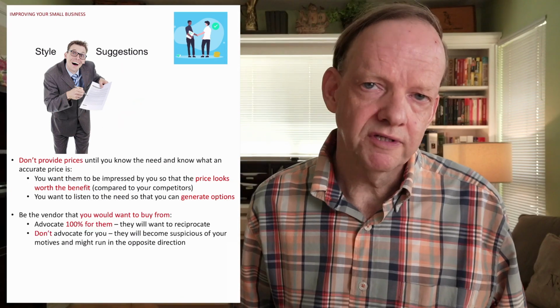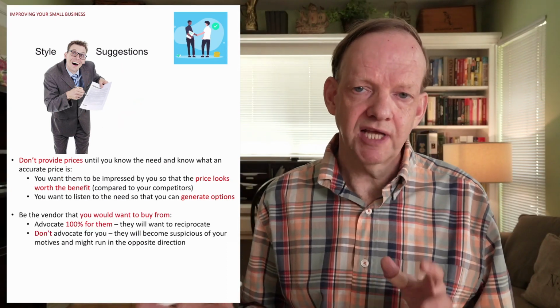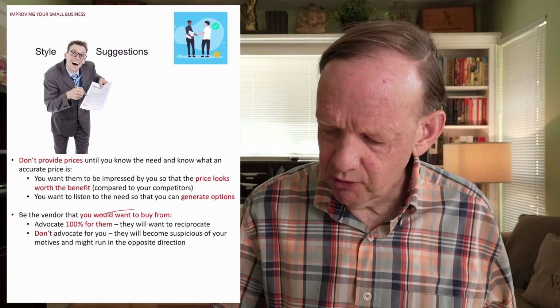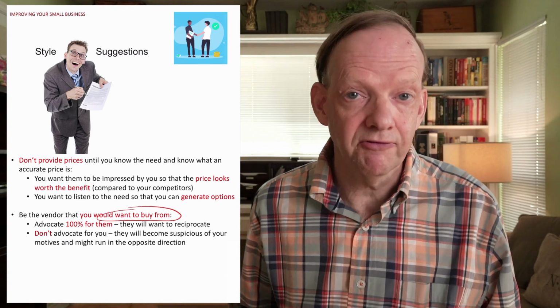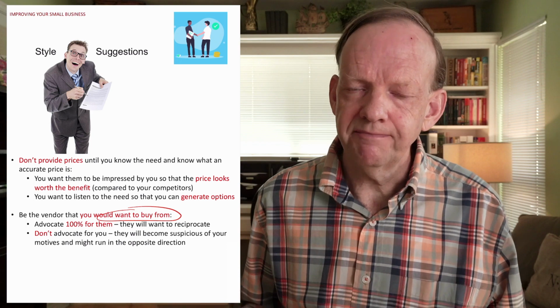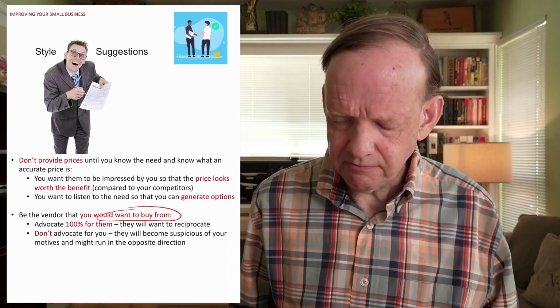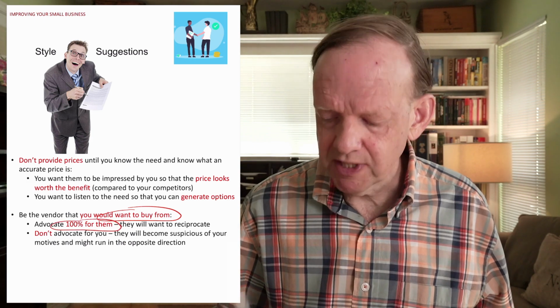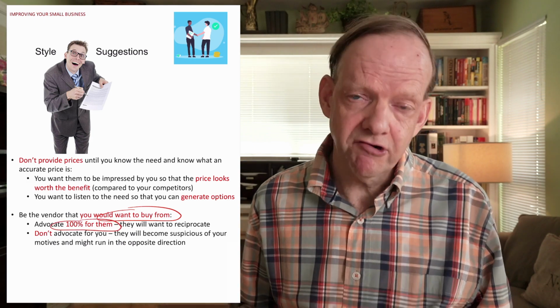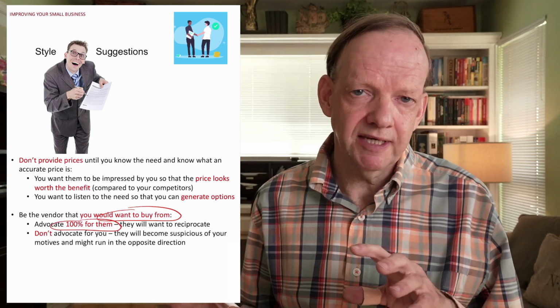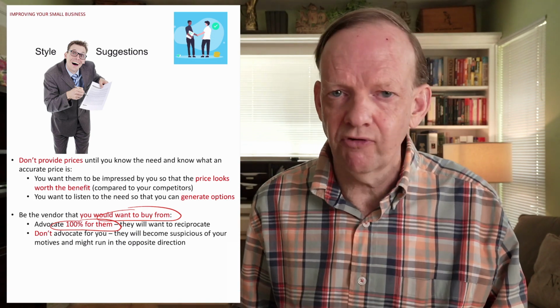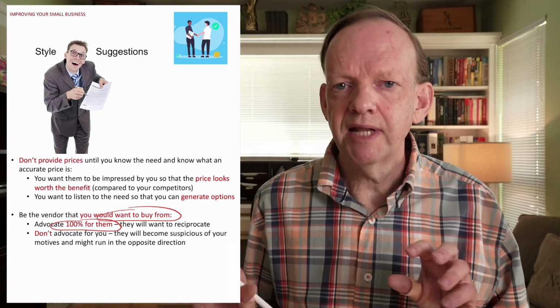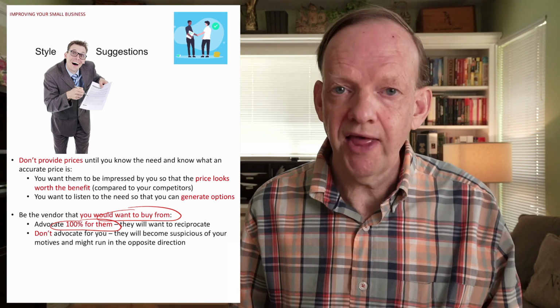Now, another important point of style of selling is to be the vendor you want to buy from. Be the ideal vendor. When I'm selling or working with the vendor, even if they're after the sale, I'm on their side 100%. I look out for their interests, which could be to make it cheaper or make it more effective or quicker or whatever. I'm never about me, I'm about them.